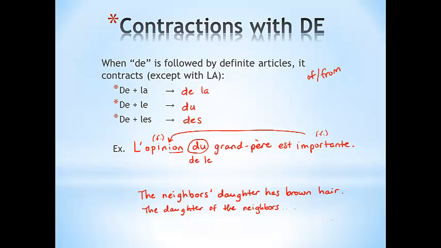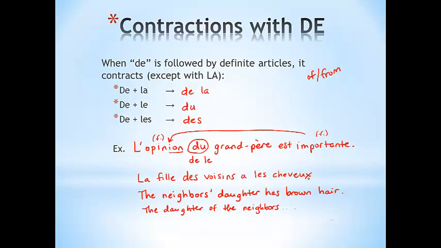So the daughter, la fille, of the neighbors. So you have de plus les voisins, which is going to contract to give you des. La fille des voisins a les cheveux.